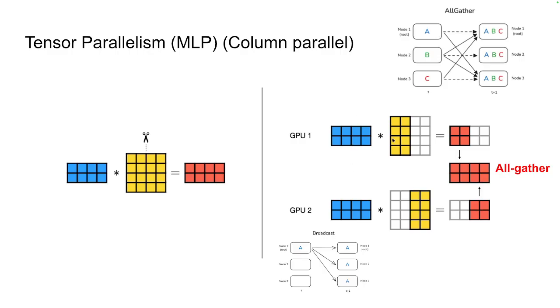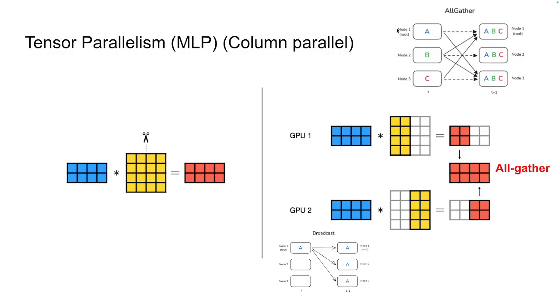Then we do matrix multiplication for this chunk and this chunk, and we get back two separate chunks. After that we can do a collective communication called all gather.